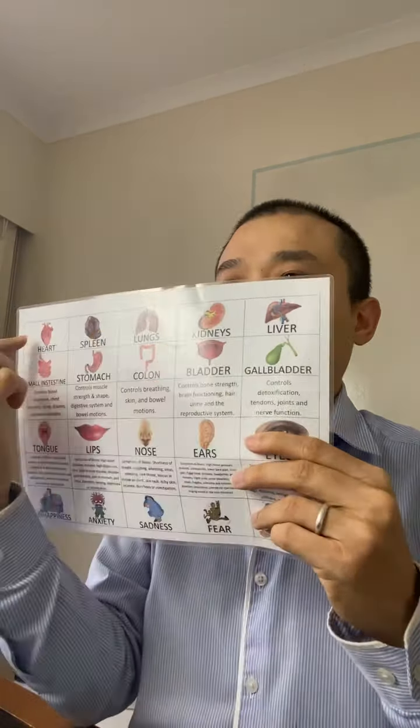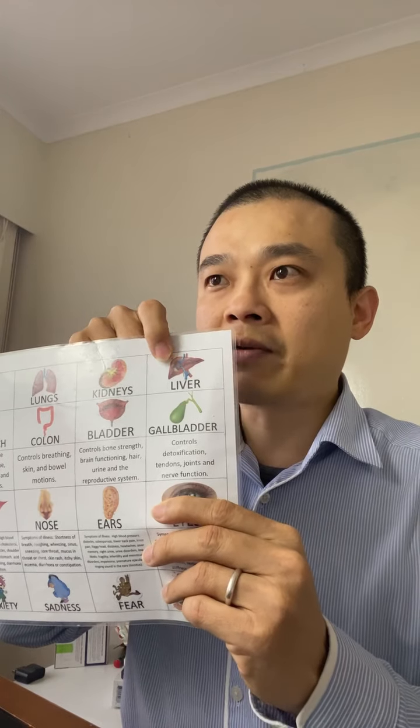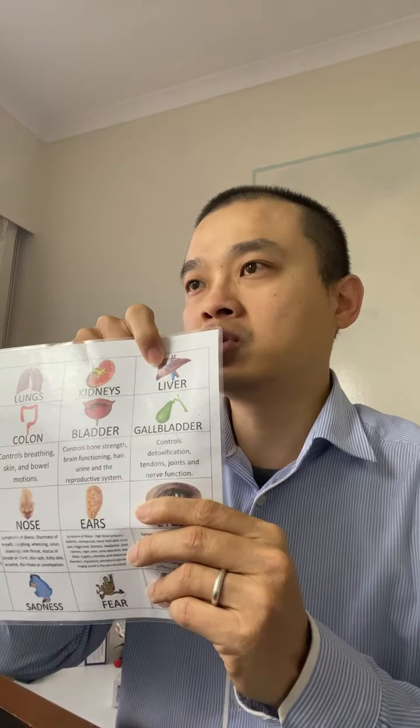Our kidney function in Chinese medicine controls the reproductive system. So all of the conditions I just mentioned can actually arise from the kidney, so we need to check your kidney function. The second organ here is the liver. The liver meridian directly connects to the uterus, so that's another important organ we need to check.